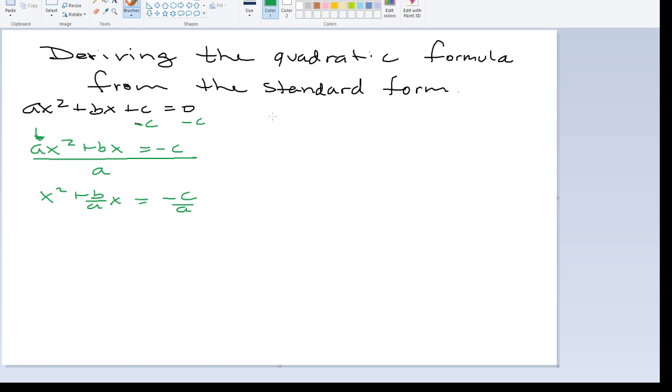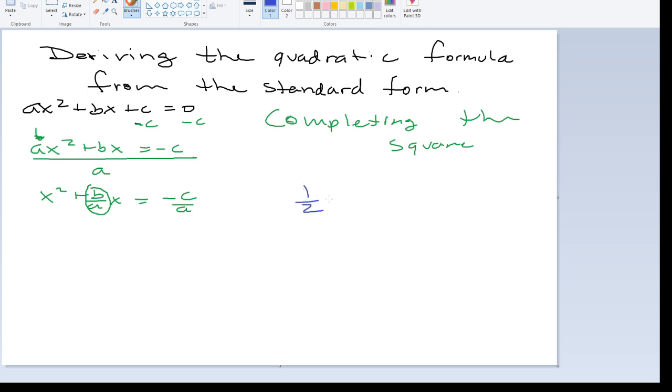This next step is probably the most complex step in the process. And by the way, this process that we're doing here is called completing the square. So we take half of the b value, we square it, and we add it to both sides. Well, what is half of the b?